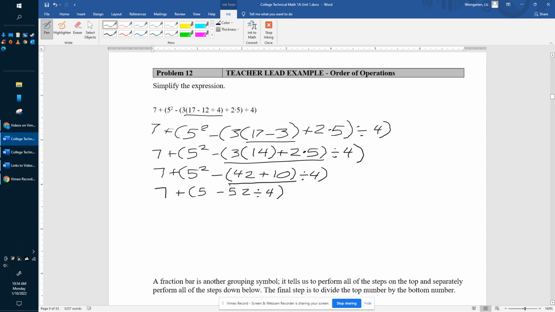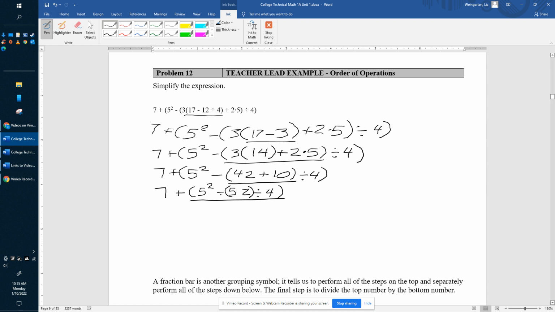So we can put the parentheses around the 52 or we cannot. It really doesn't matter because it's just the single number. And that leaves us with this parentheses to work on. Oh, let's not forget our squared on our 5. So now we have our final set of parentheses to deal with.